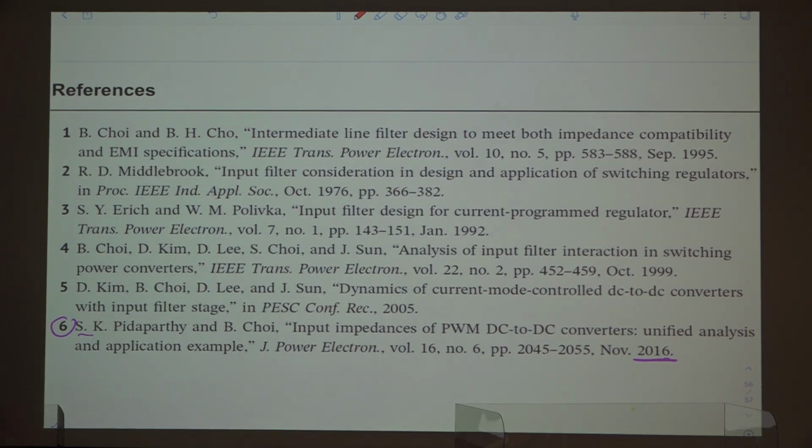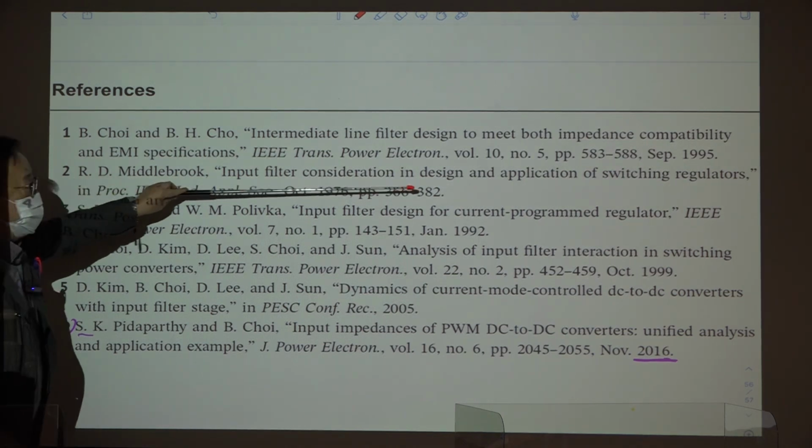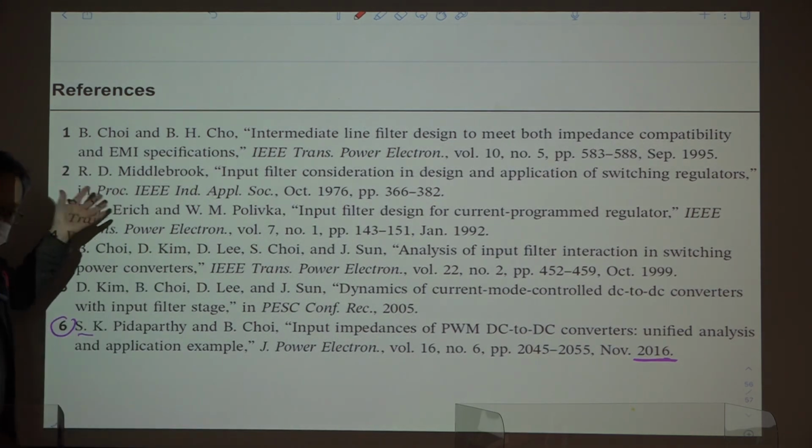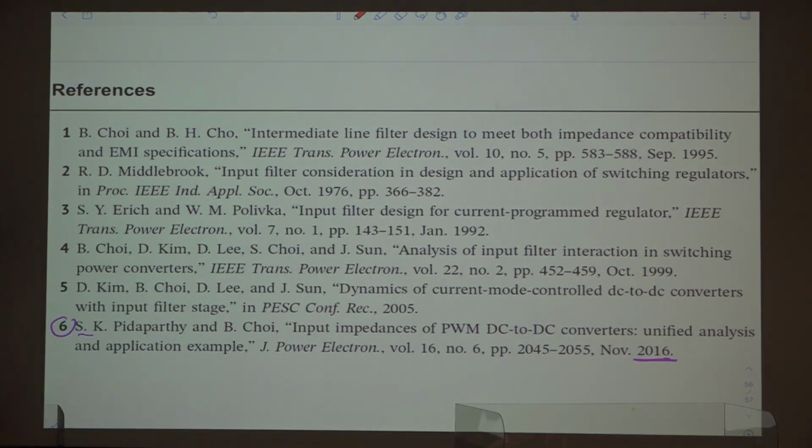This Middlebrook paper, where he originally presented the extra element theorem (EET) through this input filter interaction analysis, input filter considerations in the design and application of switching regulators, is a very, very important paper. Most people dealing with this interaction problem cite his paper first.